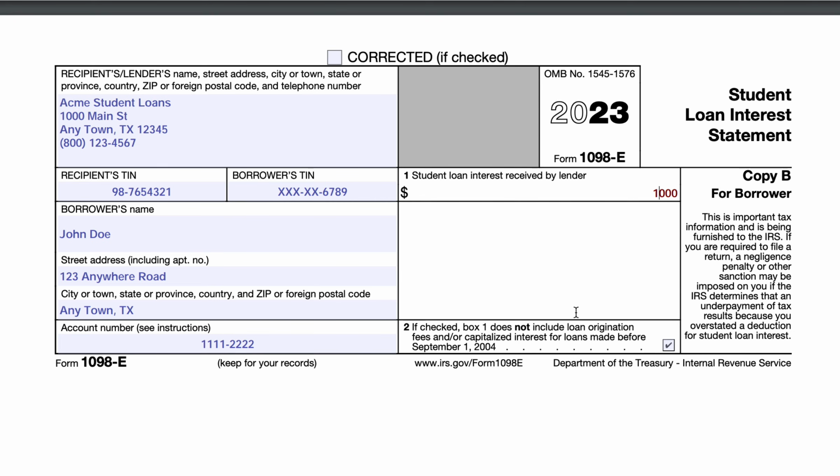And again, this is a tax deduction as opposed to the education credits that you would calculate elsewhere. That information is reported on IRS Form 1098-T. So that's probably the most frequently asked question that I would address in this video.